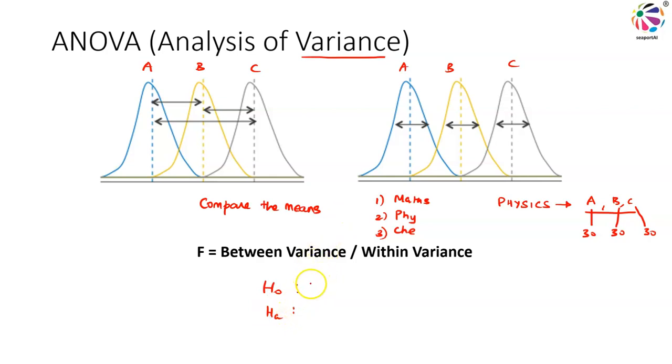Please understand the H naught and HA, which is nothing but null hypothesis and alternate hypothesis. The mean of A and mean of B and mean of C, this is mu, the Greek letter mu, which denotes mean, or arithmetic average, is the same in the three groups A, B, and C. We are talking of the physics example. You can consider a group of students for three different subjects also.